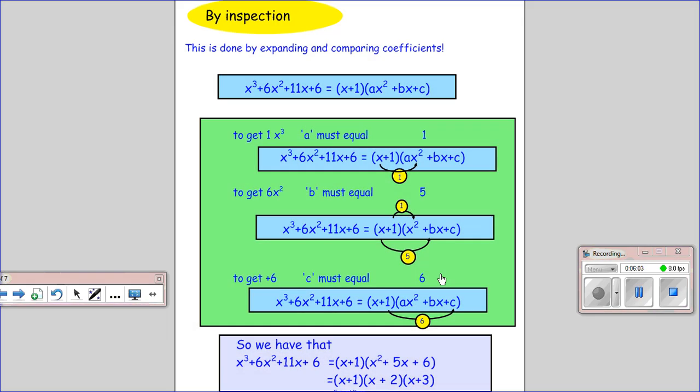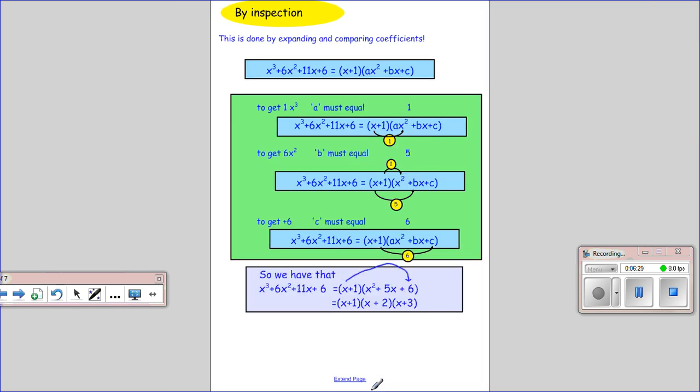Now if we multiplied all this out, we need to be sure that we would also get this 11x, and because we know they're both factors, it will be 11x, but it doesn't do any harm to check. So where would I get 11x from? So I'd get 1 times my 5x, and then I would get the 6 times that x times 6. So 5x plus 6x would give me 11x, so it works.